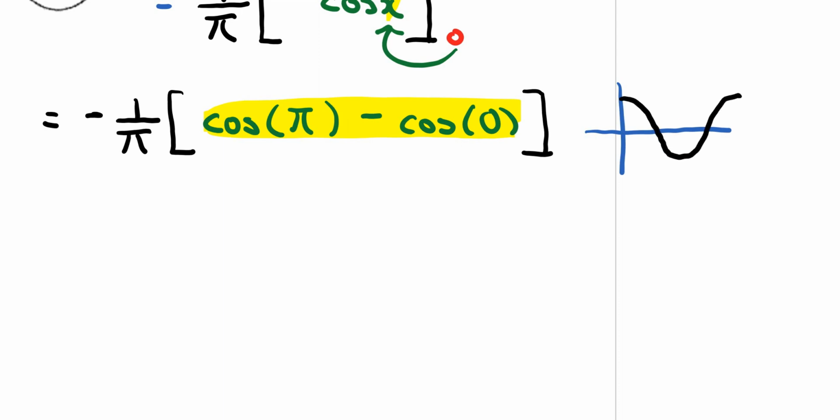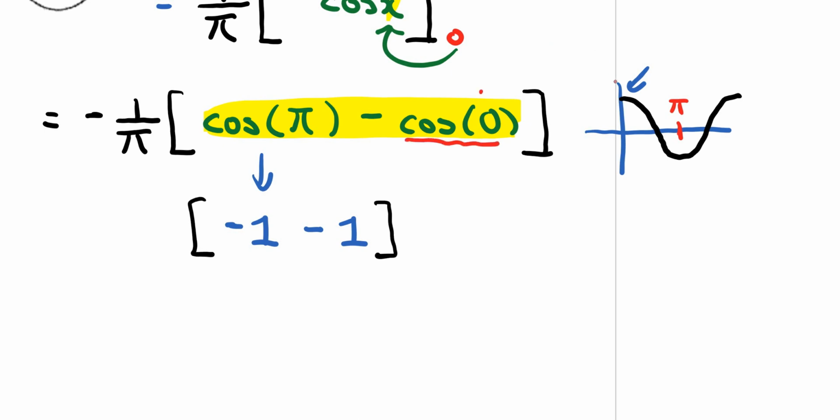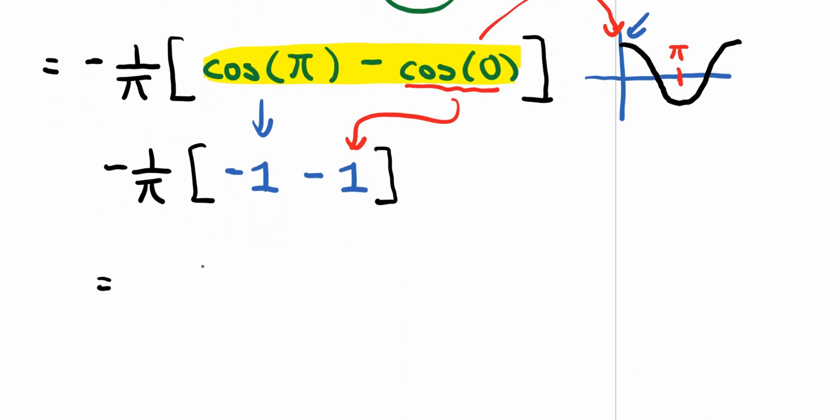So cos of pi, here's pi right here, has a value of negative 1, and cos of 0 has a value of positive 1. So this will be negative 1 minus 1. And then I had the negative 1 over pi in front. If you evaluate this, inside the brackets I have a negative 2, and then the negative 1 over pi. If I multiply that out, I get 2 over pi.